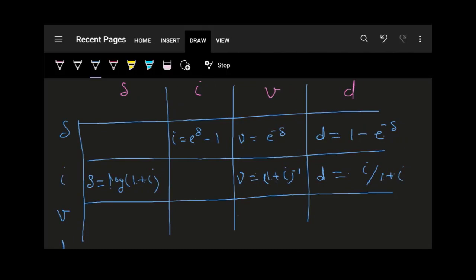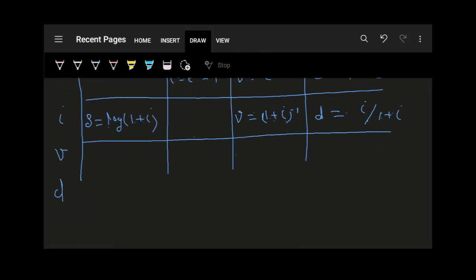Now we calculate the values in terms of v. In terms of v, delta equals minus log of v. i is equal to 1 upon v minus 1, and d equals 1 minus v.